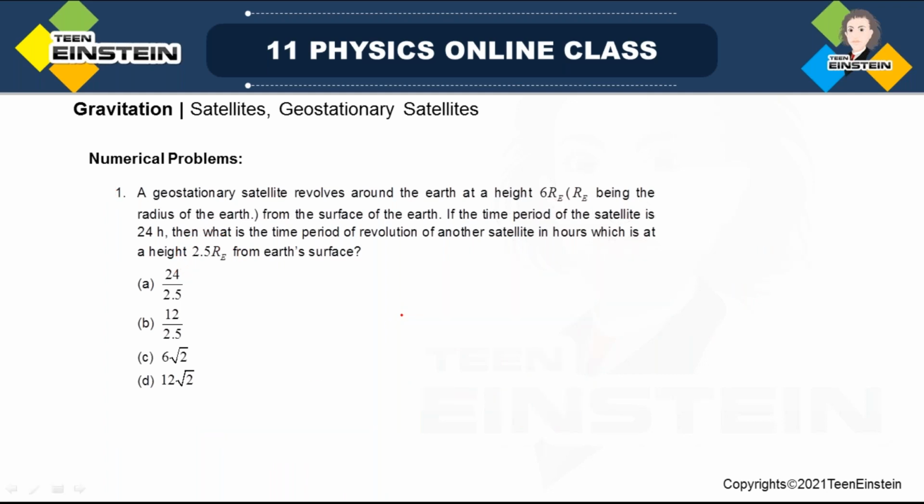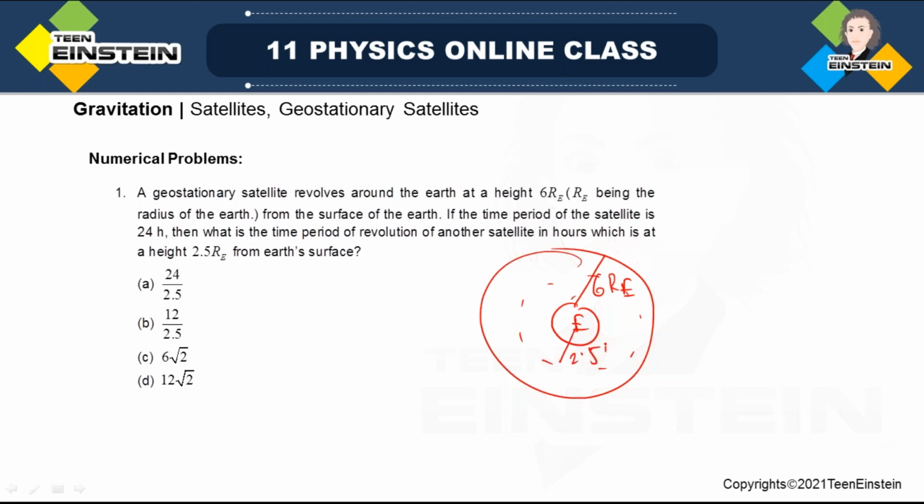Anyway, I'll just do the calculation. Look here, I'll freshly draw this. This is R, this is 6 RE from the Earth surface according to the problem. And another orbit is this, which is 2.5 RE. Now for this 2.5 RE satellite, what will be the time period?